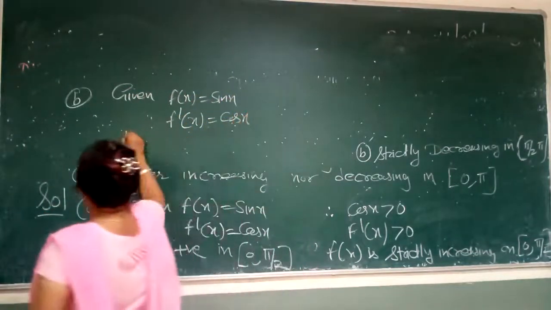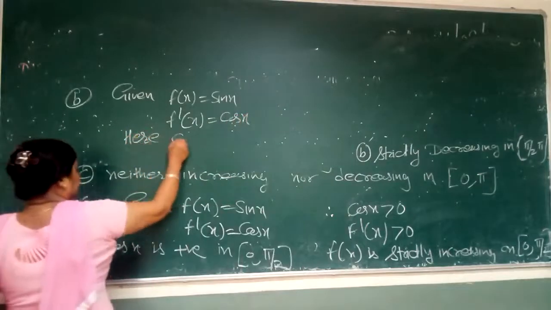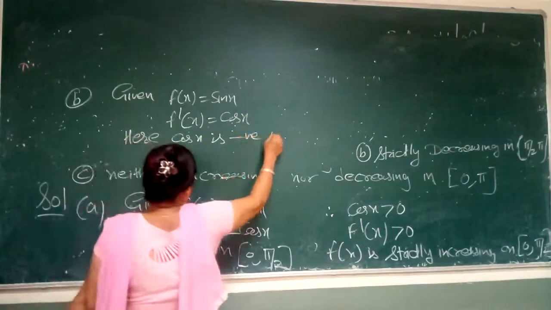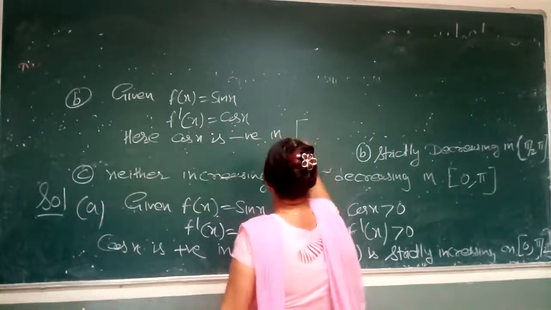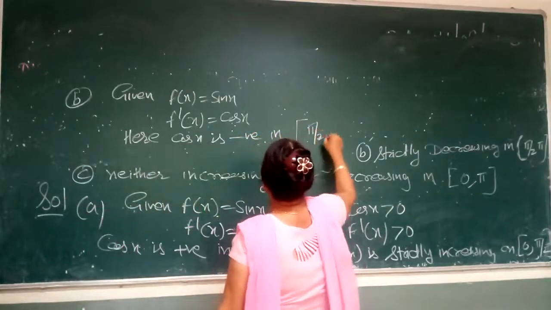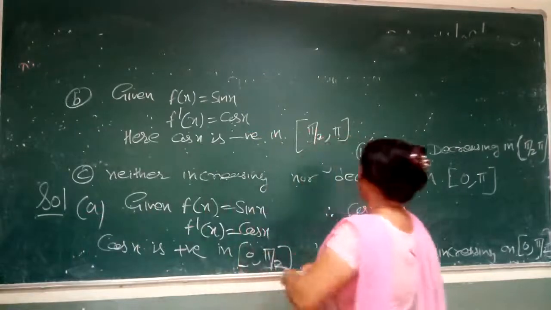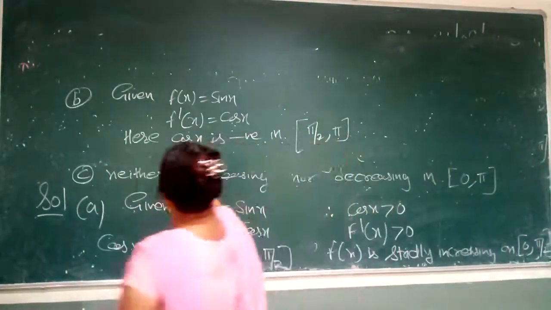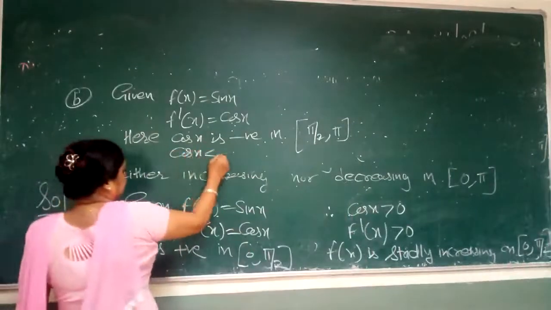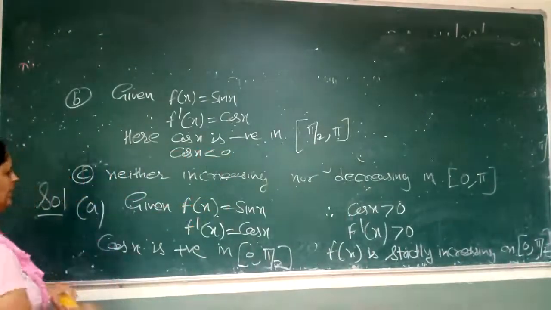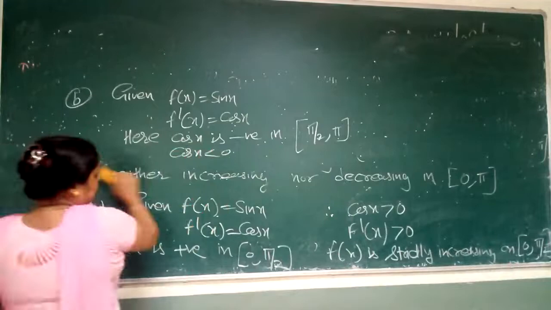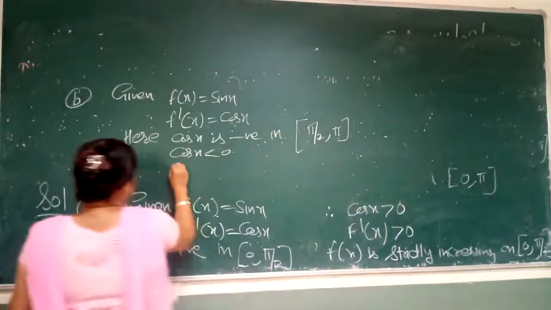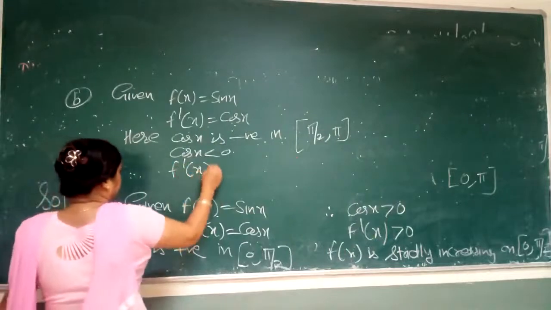And here cos x is negative in the interval pi by 2 to pi. Therefore cos x is less than 0, and cos x is less than 0, so it means what will come here? f dash x less than 0.